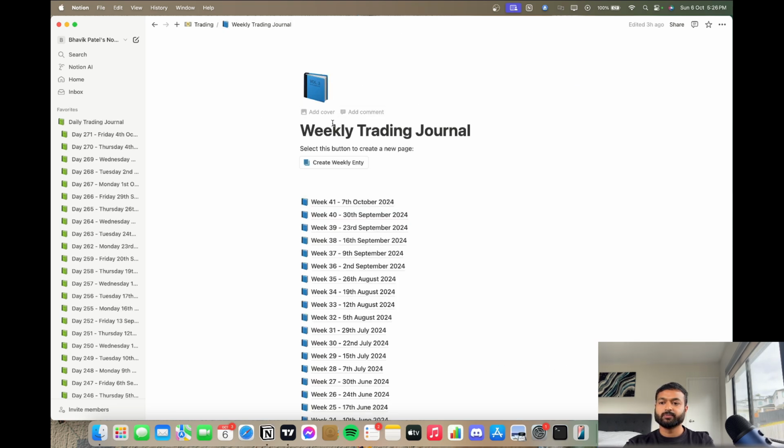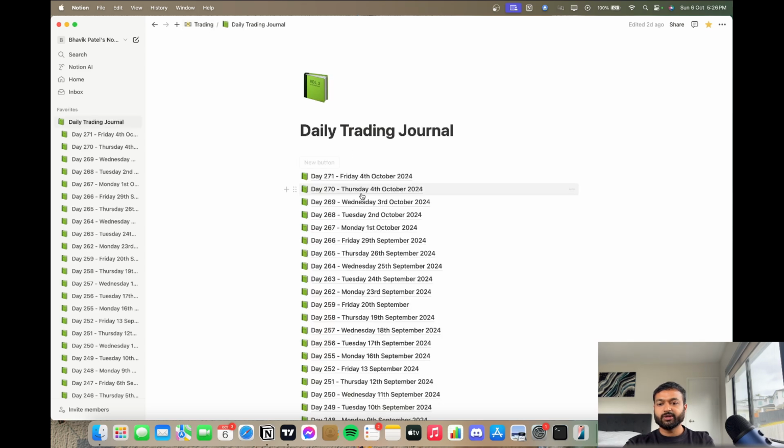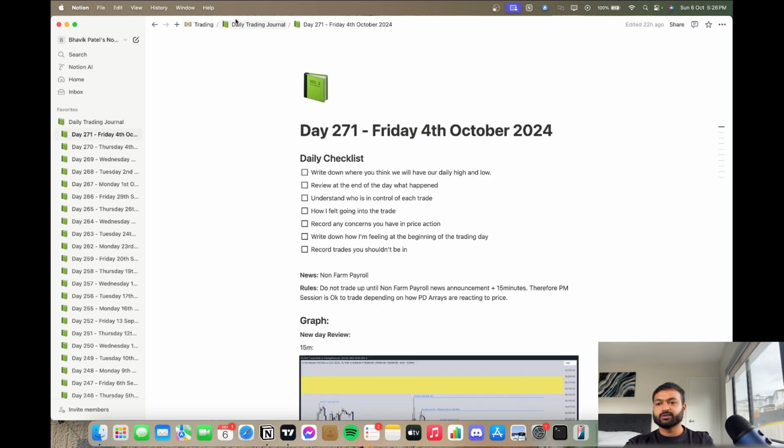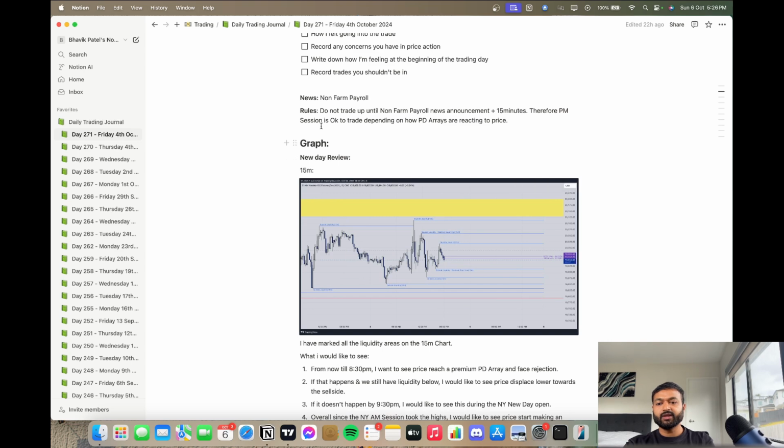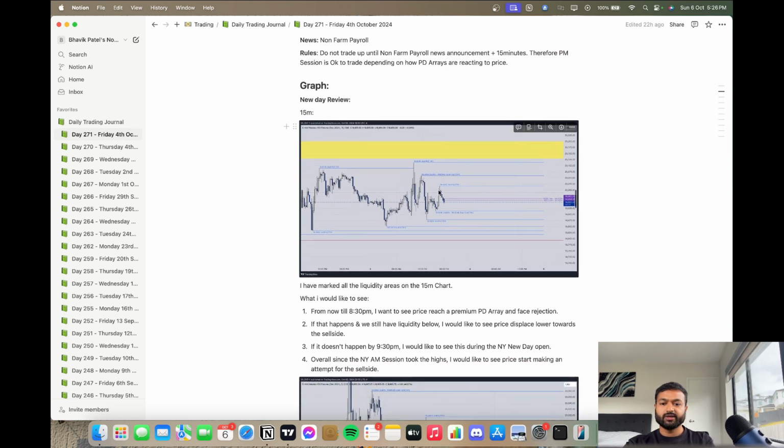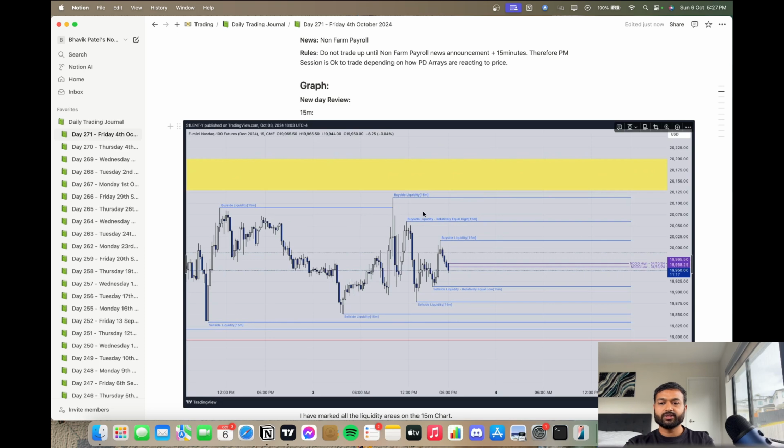So that is how I do my weekly journal. And then on my daily journal, I will just note down the day it is, and then on the 15-minute chart, mark up liquidity. So new day, 6 p.m., and then mark up all the liquidity around it.